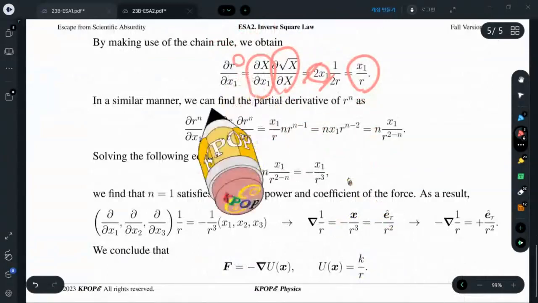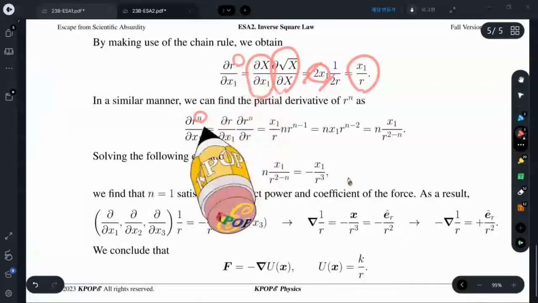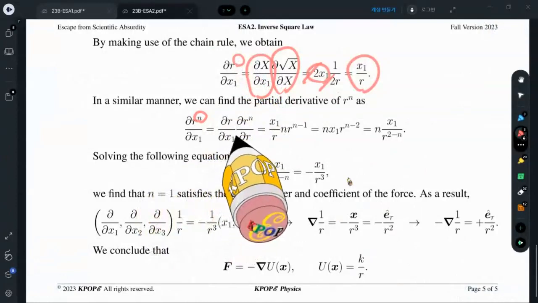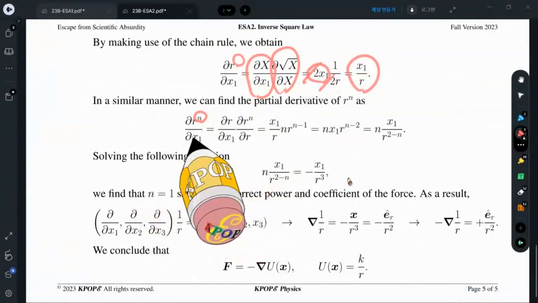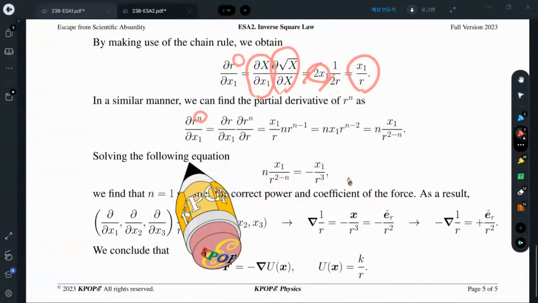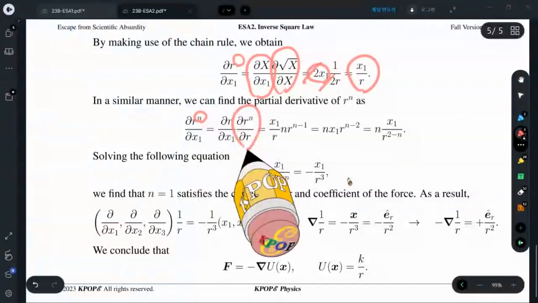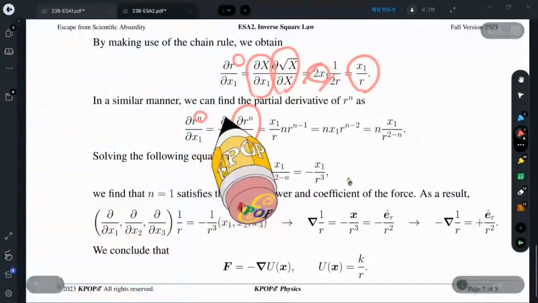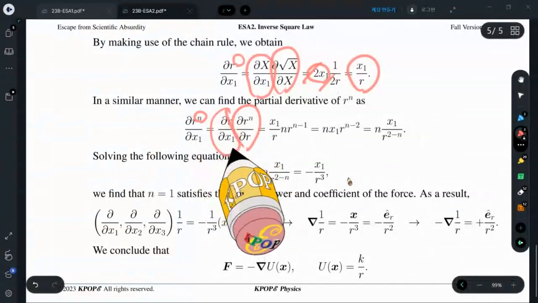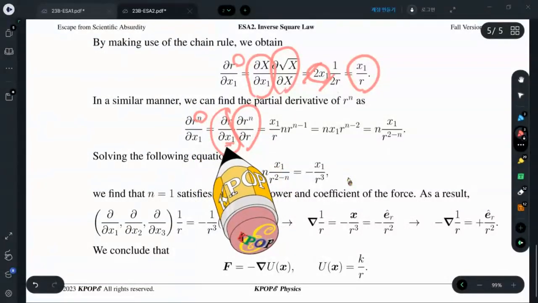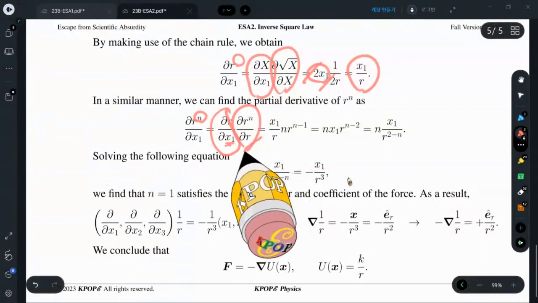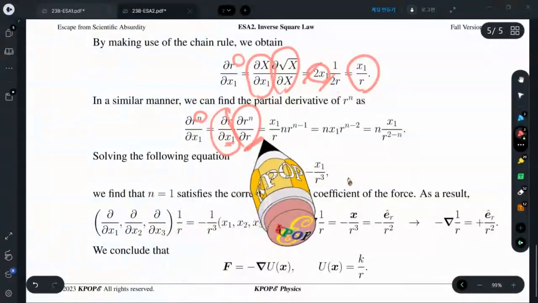Why don't we change this power from 1 to n? The next step is trivial. I again make use of the chain rule. First, take the derivative with respect to r and then the derivative of r with respect to x1. Chain rule. High school students can solve this.